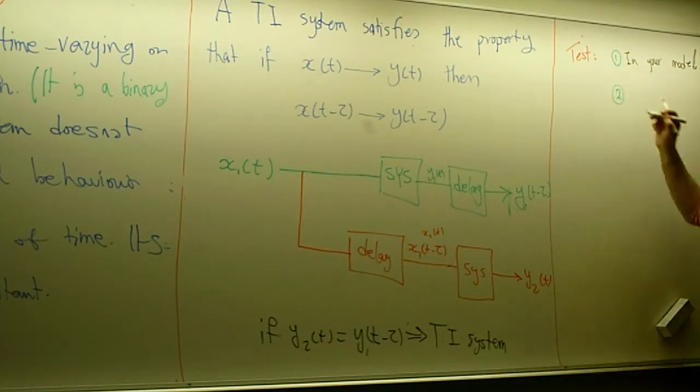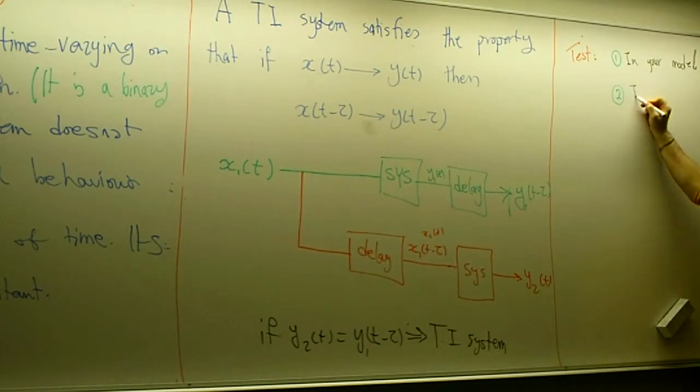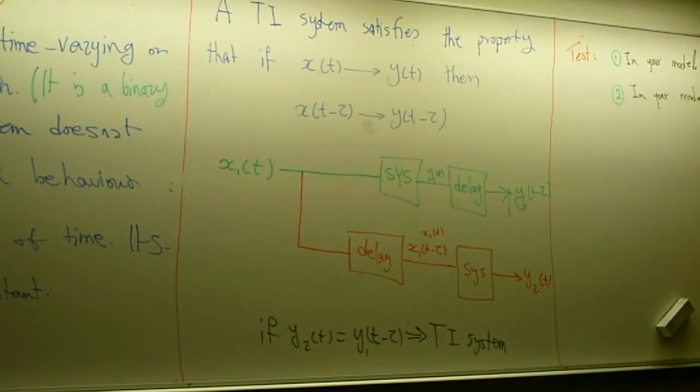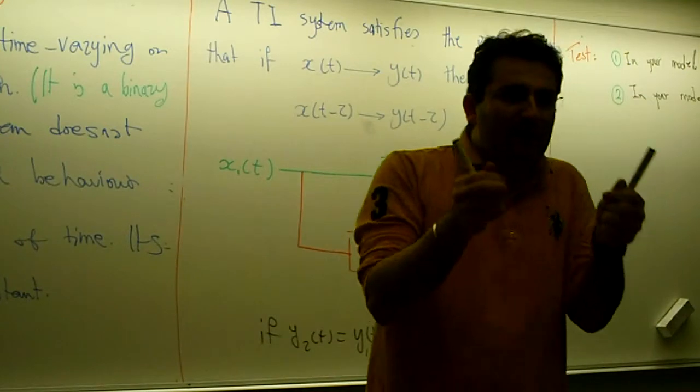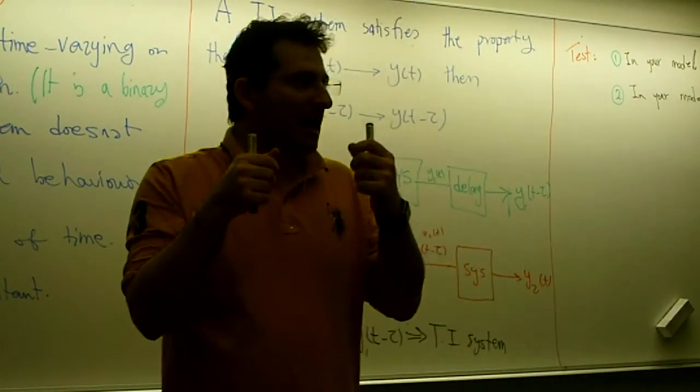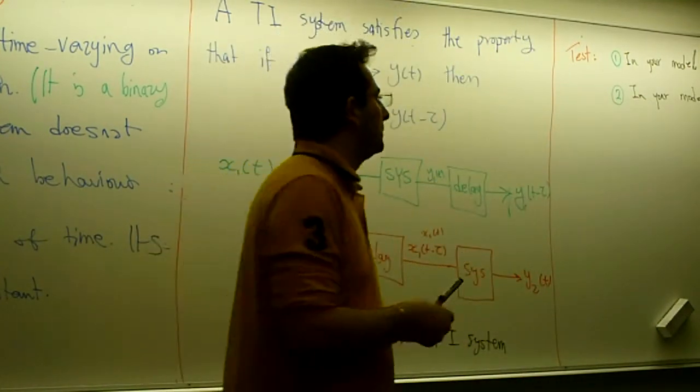Step 2: in your model, change x(t) to x(t minus tau). So this time I don't care about t. Wherever I have x(t), I take x(t) and I put x(t minus tau).